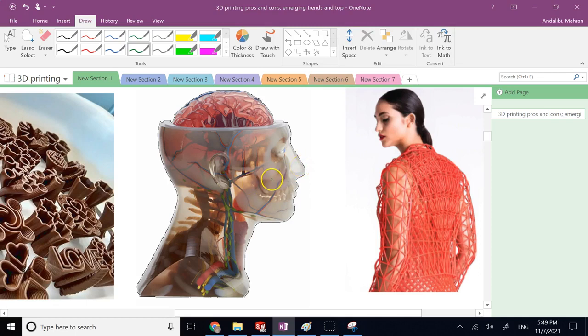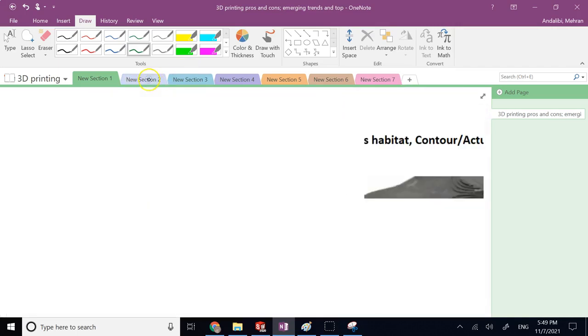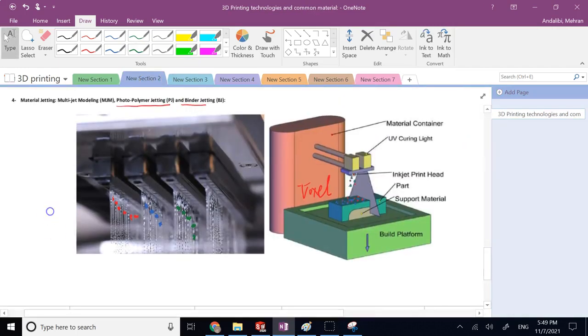They're amazing in terms of the final product and the look of the final product that they make. These polyjet printers, though, are quite expensive. I have seen them in practice, and they typically start at around $200,000 to $300,000.